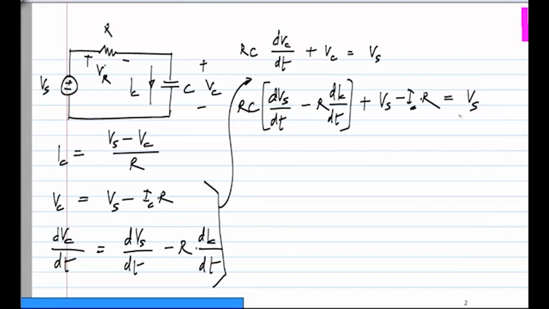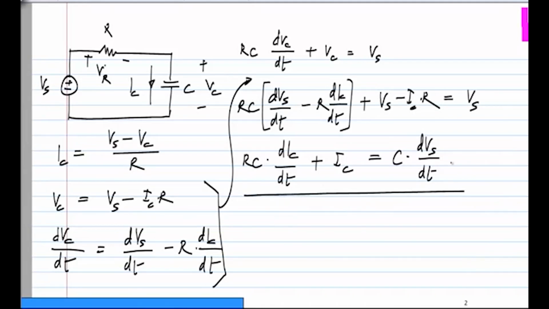Okay, and if you rearrange this, we will end up with Rc dIc by dt plus Ic equals C times dVs by dt.